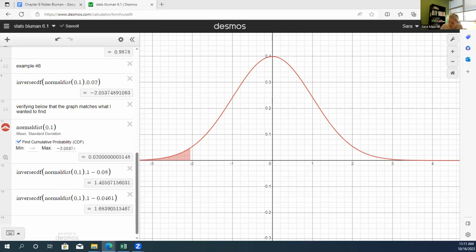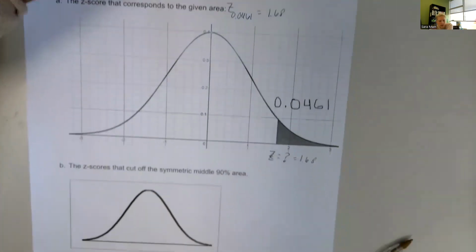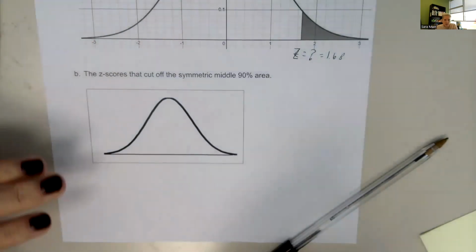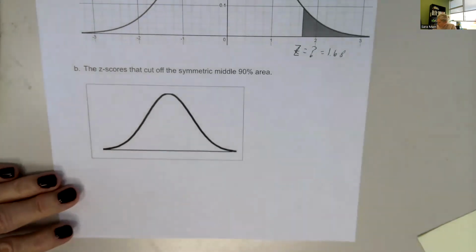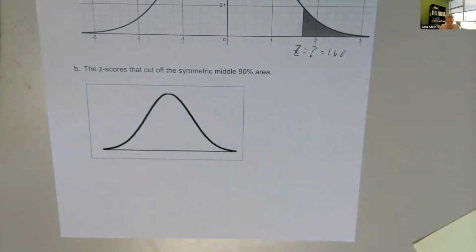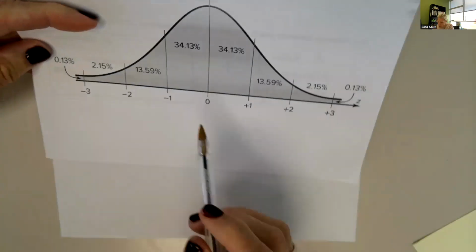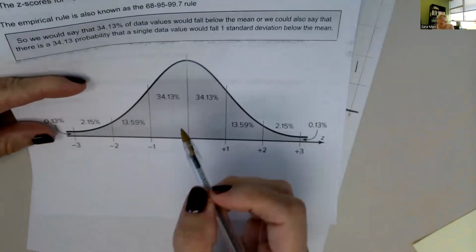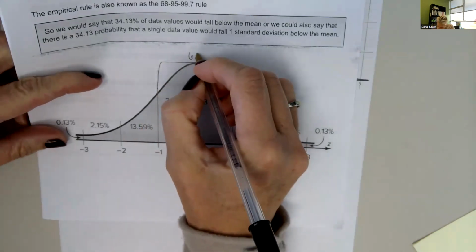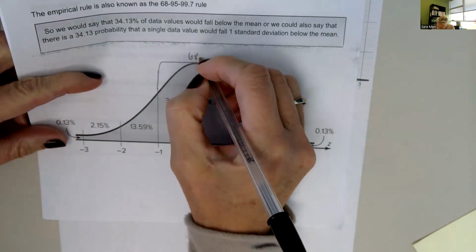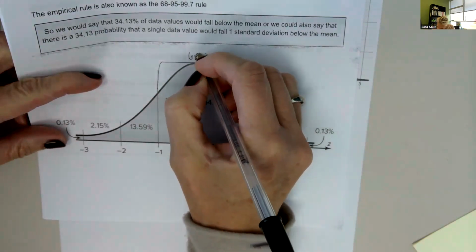Let's go to B. We said, find the z-scores that cut out the symmetric middle 90%. Well, we can do some estimating before we actually find these. If we use our empirical rule that we've been working with, we know where 68% of the data falls, or just over, so 68.26%.